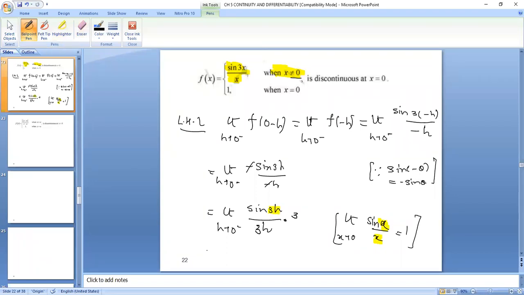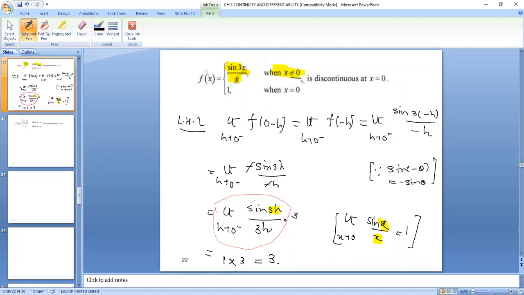So we will be having limit h tending to 0, 3 times sine of 3h upon 3h. This value we will be having 1 into this 3 as it is. So left hand limit will be 3.